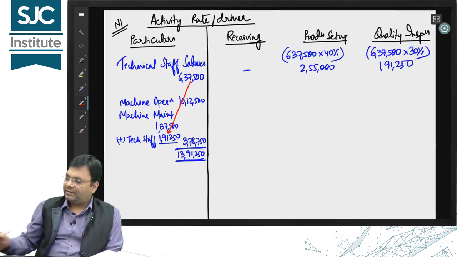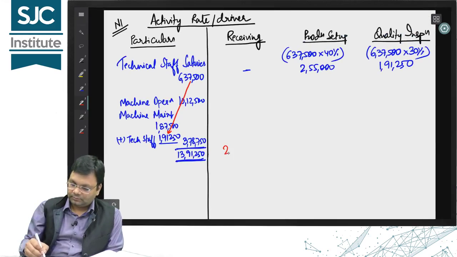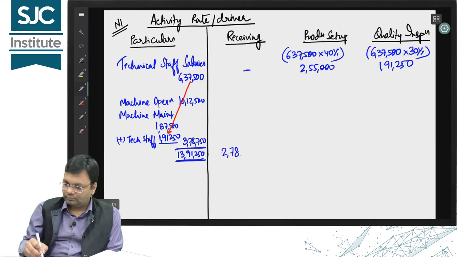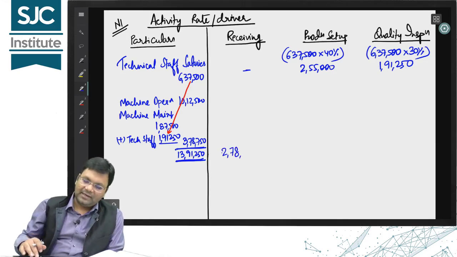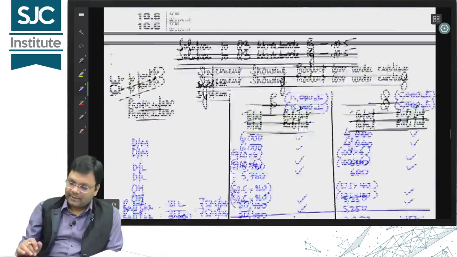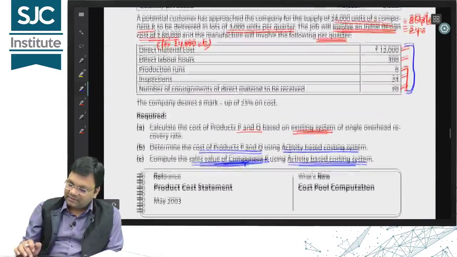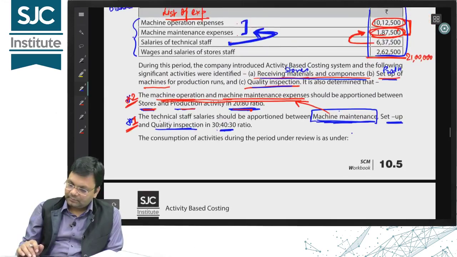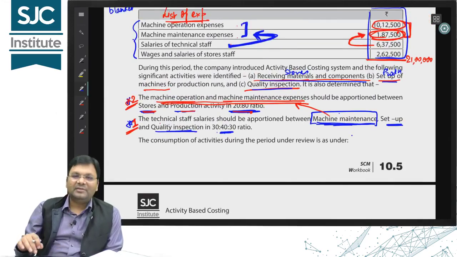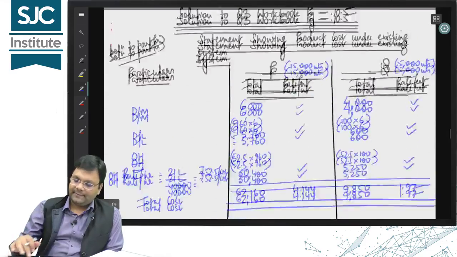Into 20%. And this 20:80 will go where? If you remember, 20% is going in stores and 80% in production activity.